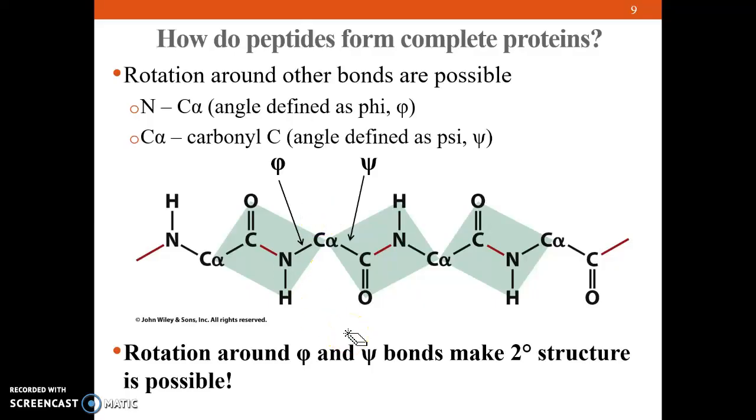The C alpha to the next carbonyl carbon is known as the psi bond, and that is also flexible. So you can rotate around the phi or the psi bonds, and those angles will actually form the three-dimensional structure of proteins when we look at secondary structural elements. Okay, so you can rotate around those. It is possible. You just cannot around the peptide bond because of that double bond from the resonance.